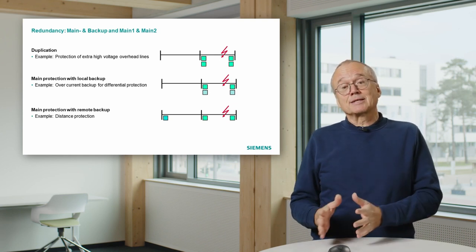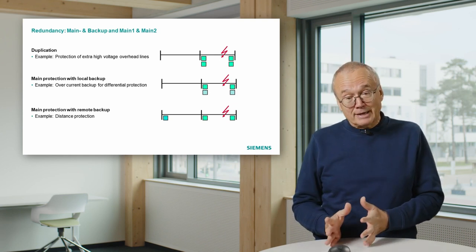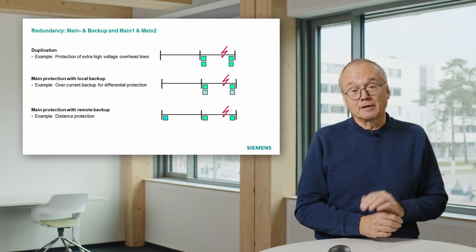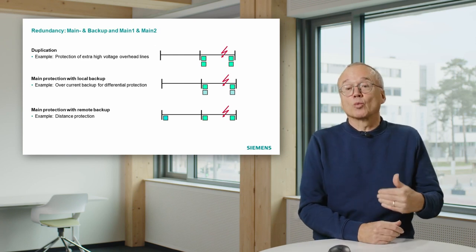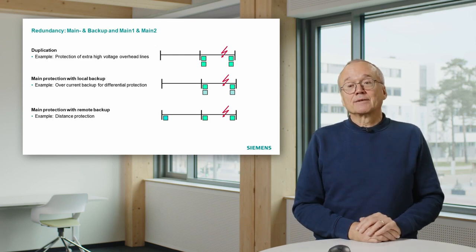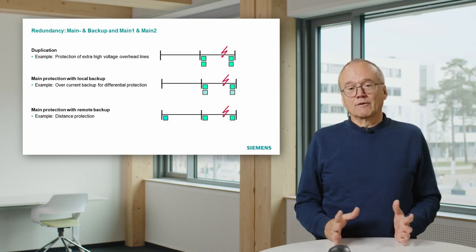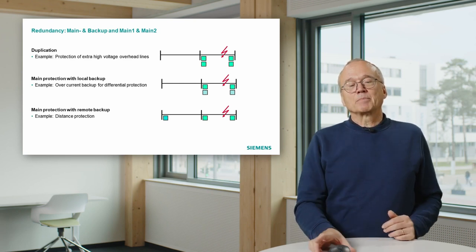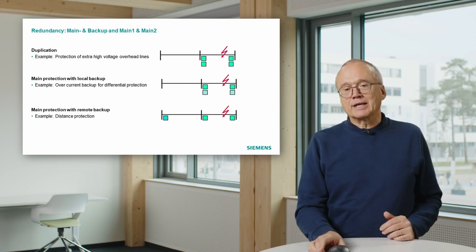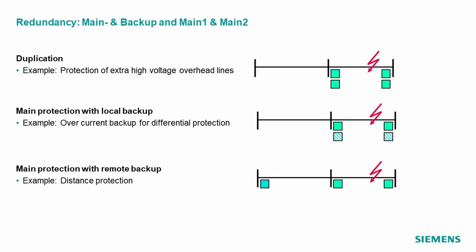The bad thing is the tripping in this backup case is done a bit slower because you have to wait. And it's also not full selectivity because you lose not only the line with the fault, you lose also, in this case, the line on the left-hand side. But the fault is cleared.